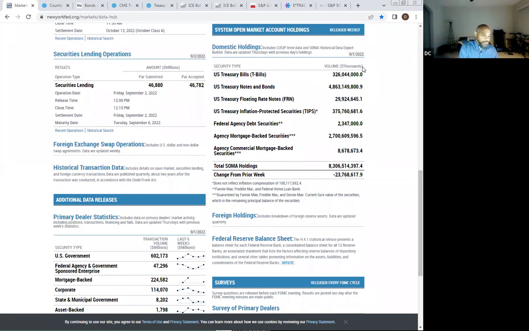So we talked about the front end with the reverse repo, Fed funds rate, front end liquidity. This is back end liquidity supporting the 5-year note, 10-year note, 30-year note, things of that nature. So the medium term to long end. And as you can see, the change from the prior week, $23 billion. So what's happening is that the Fed is letting its treasuries expire.